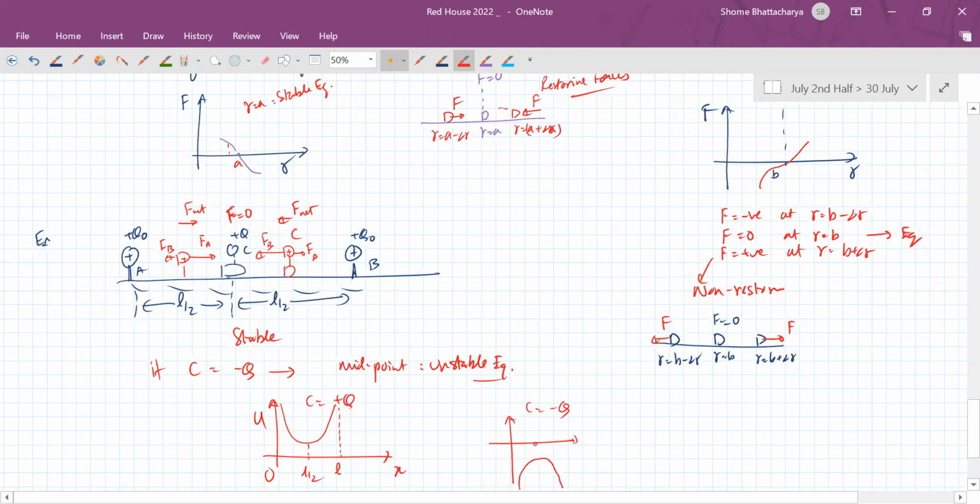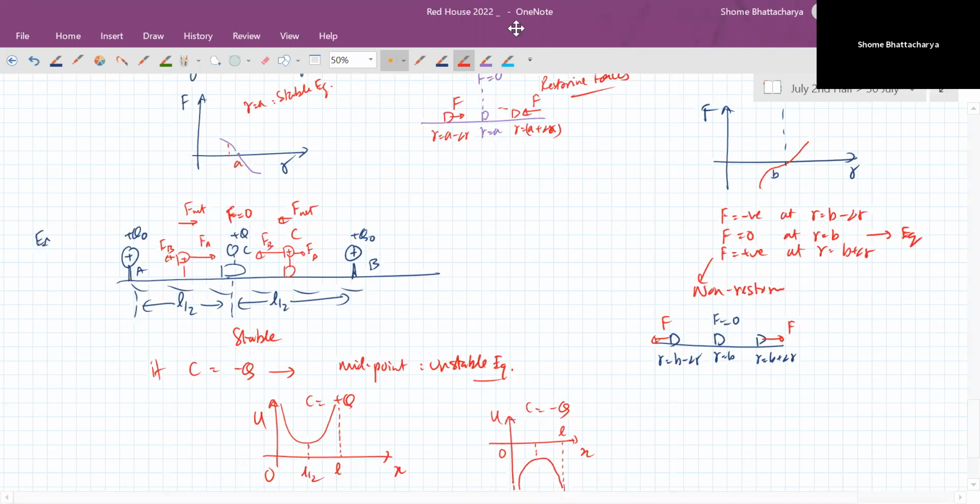The potential energy would be a negative quantity, approaching minus infinity at 0 or at the other end. So this is unstable, this is stable. Okay, so I hope this concept of stable and unstable equilibrium is also clear.